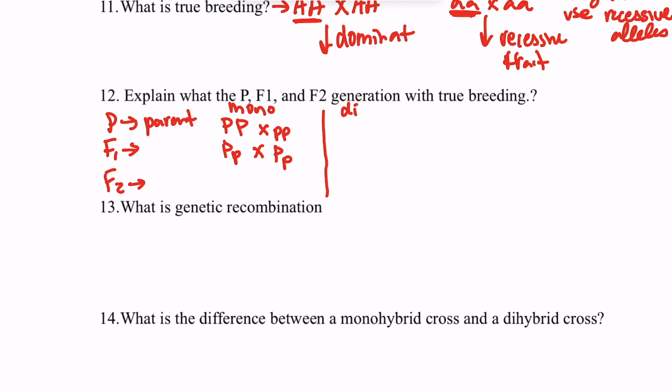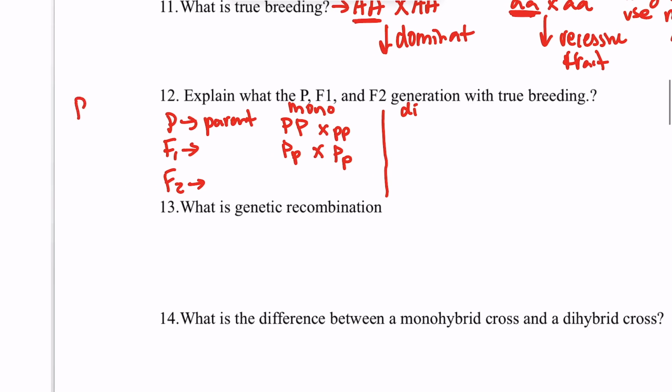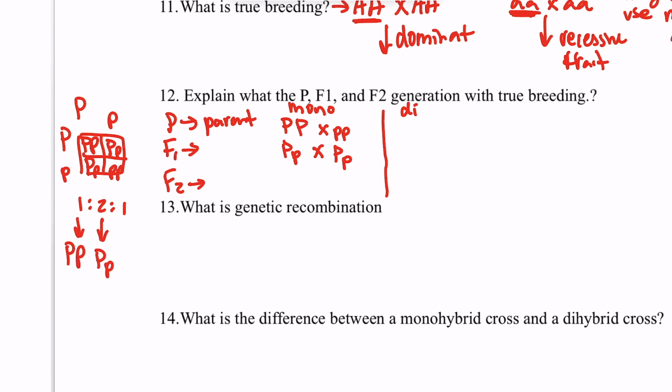So if we just draw this out real quick. We get our big P, little p, big P, little p. So we get a 1:2:1 ratio. So this is our big P big P, our big P little p, and then our little p little p. And that's our genotypic ratio.